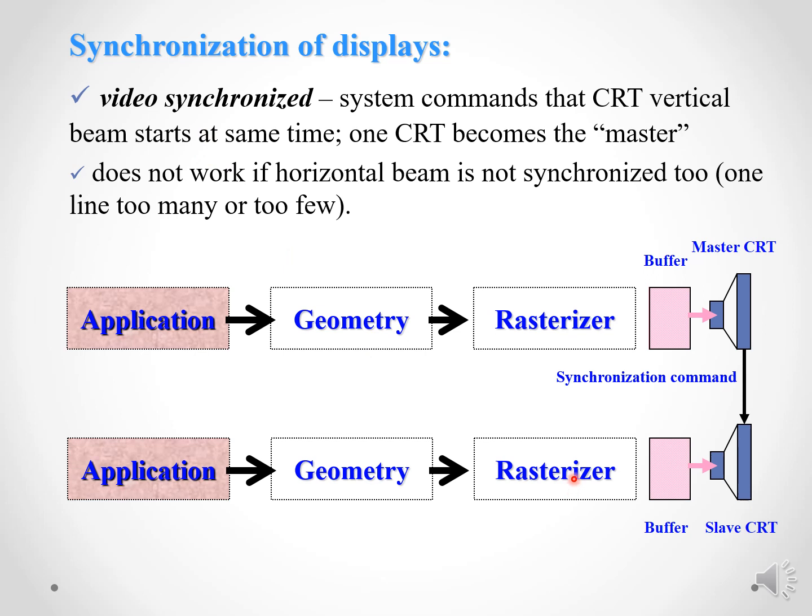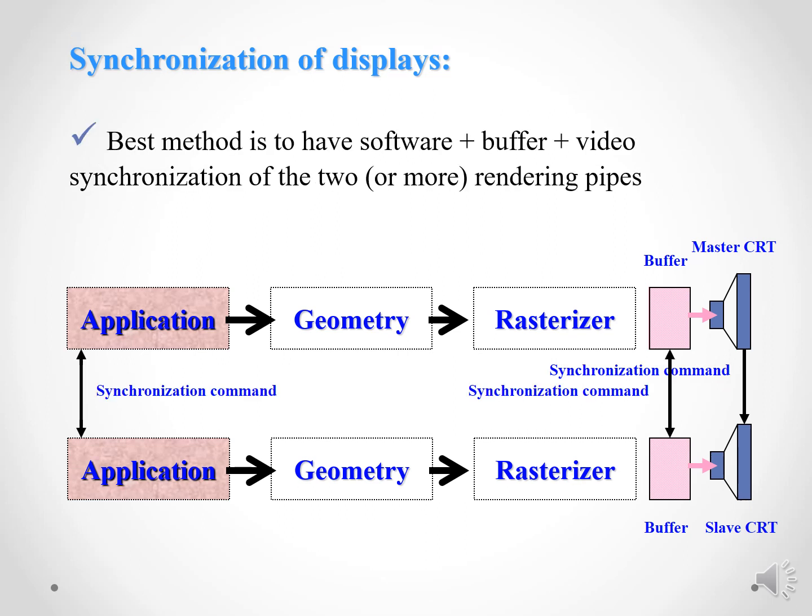So what is the best solution to solve this? Let's find out in our next slide. At last, the best method to solve this non-synchronized problem is to combine the software synchronize with the buffer synchronize and also the video synchronization of the two or more rendering pipes together.